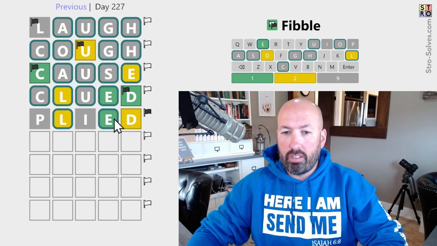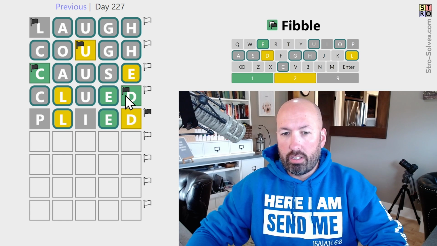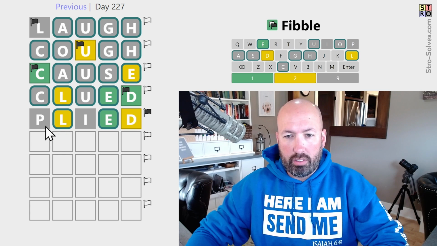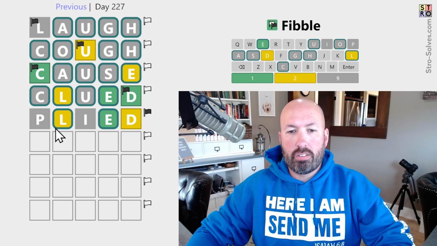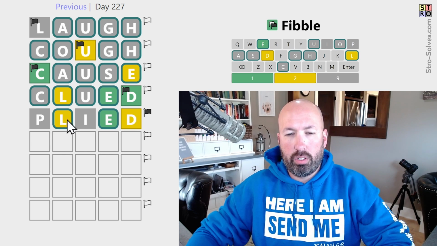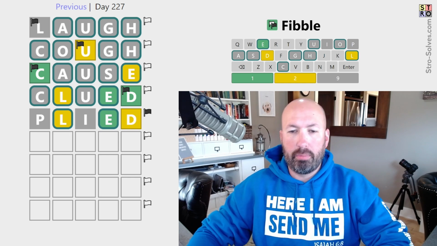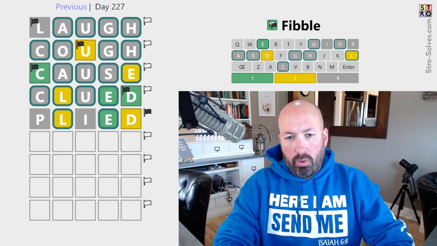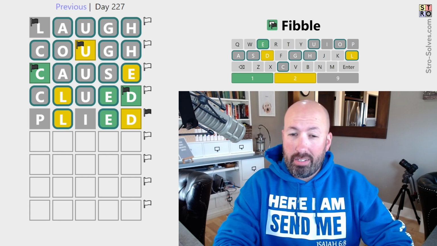Now we don't know if this D is a lie or not, because it could be that it's supposed to be gray. We do know the yellow L is true. So we don't know about the P or the I, because this D could be a lie, but the green E is true. So the L needs to be somewhere else, and there could be a D somewhere else.